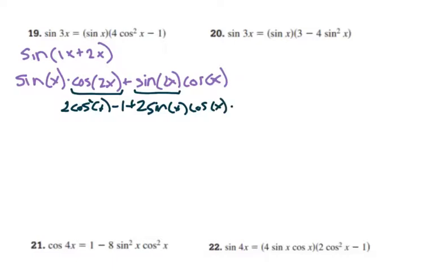And then that's still times cosine over here, and still times sine over here. So this is being a sine multiplied by all of this.